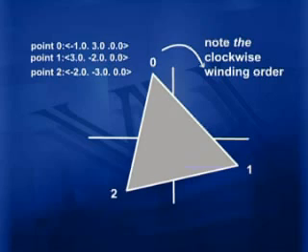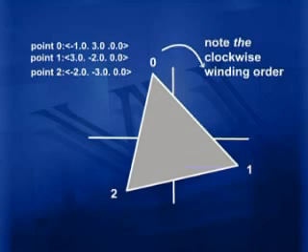So from 0 to 1 to 2, the order in which we are traversing these vertices is a clockwise order, and hence is called a clockwise winding order whenever we are describing or specifying any of these triangles that we would be making use of in order to define or compose the skin or surface of our three-dimensional objects.